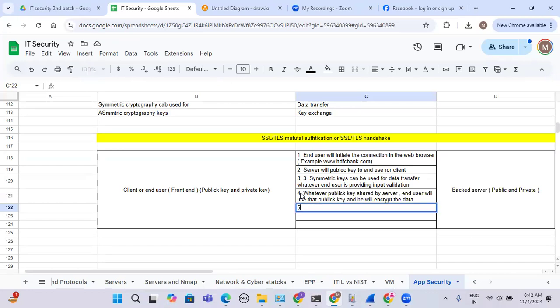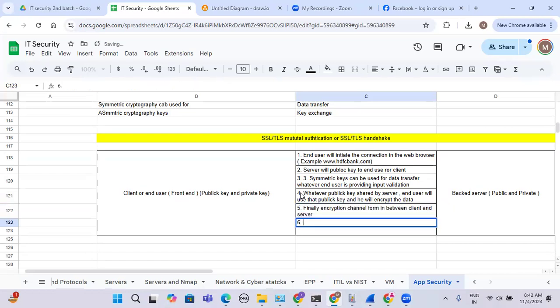Finally, an encrypted channel will form between client and server. The server has a private key. Using that private key, it will decrypt the data and finally see what the end user has sent back, what he needs. For example, he wants to transfer money.